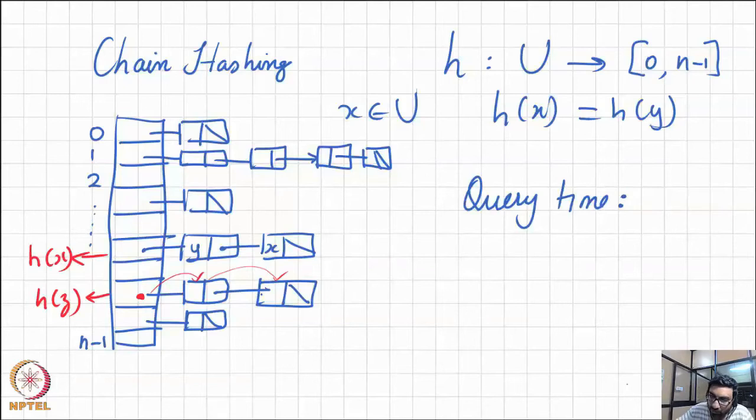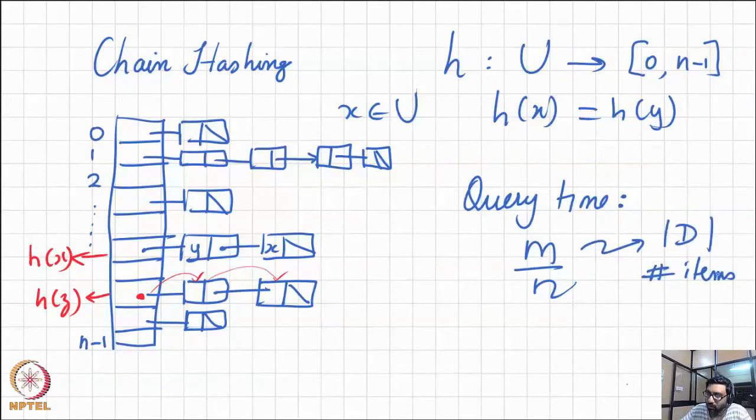And as you can imagine, the queries on average are going to take time m over n, where m is the size of the dictionary, or simply the number of items that are stored in the dictionary, and of course, n is the size of the hash table.